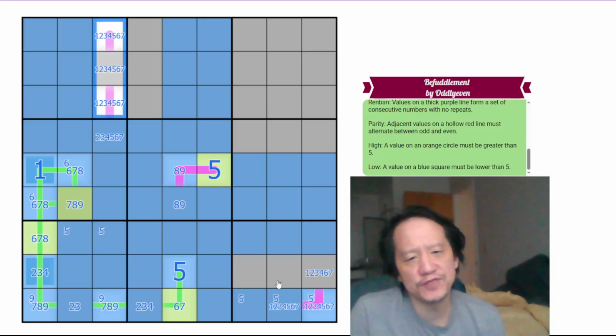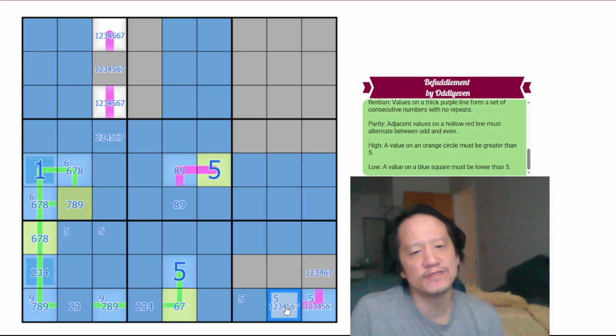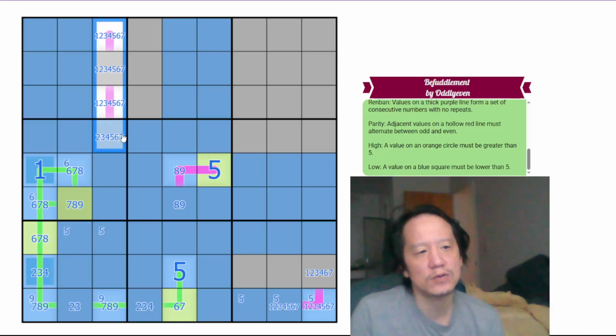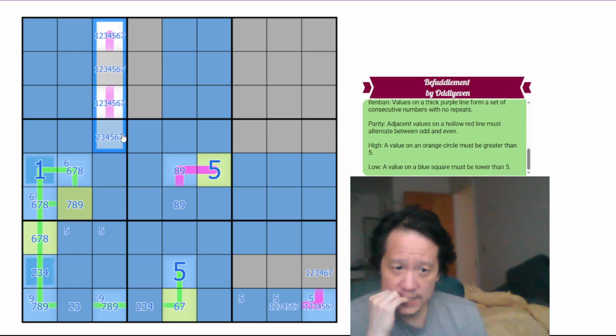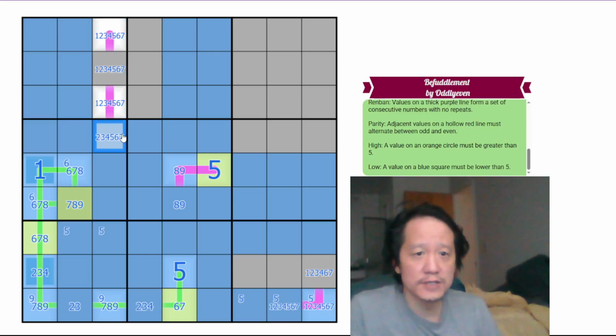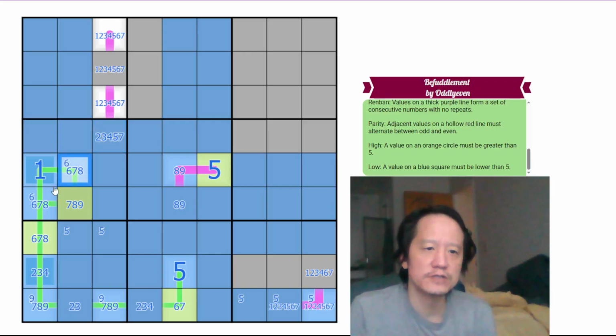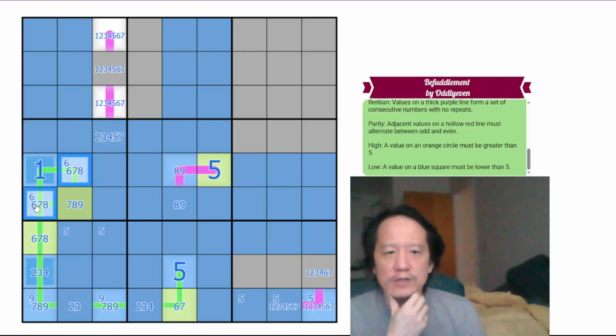Interesting. If this is 5, this has to be 5, 6, and 7 in value, and this is 1, 2, 3, 4. Okay. This can't be 6 because there's a guaranteed 6 on this German whisper line.